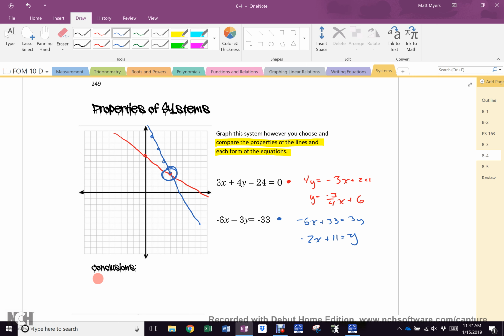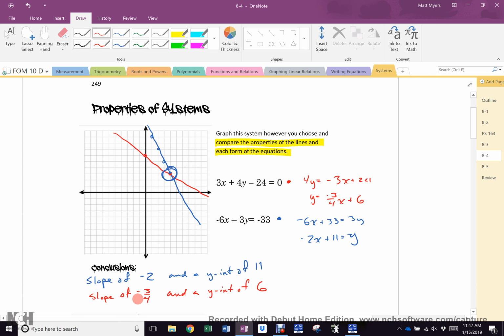They have an intersection. So, the lines, I am in blue ink, a slope of -2 and a y-intercept of 11. And the red line was a slope of -3/4 and a y-intercept of 6.